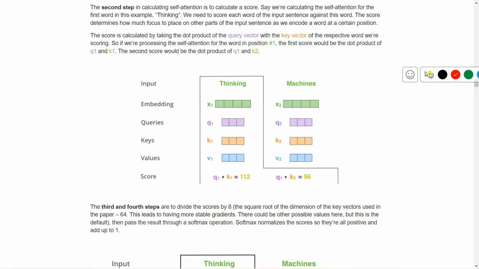Okay, let's take one pen so that you can understand easily. See one thing here: when you are calculating the scores, it will multiply q1 with k1, and we also multiply q1 with k2, for the word "thinking". But how do you calculate for the word "machine"? What will be the score for that?